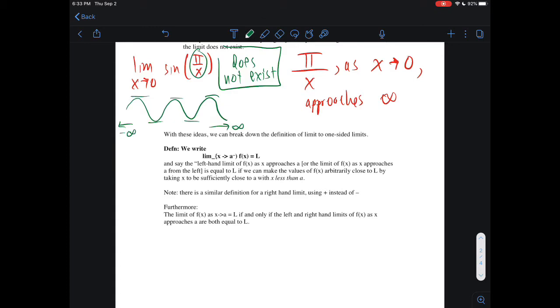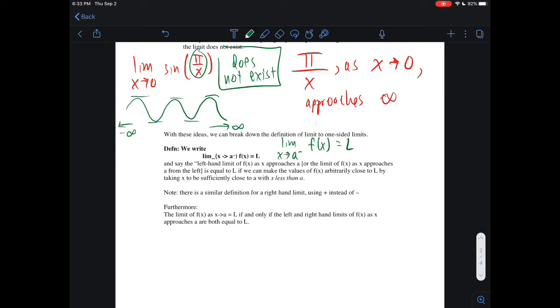So first, we write the limit as x approaches a with a little negative at the top as a superscript of the function f of x equal a. And what this is really saying is the left-hand limit of f of x as x approaches a, or the limit of f of x as x approaches a from the left.